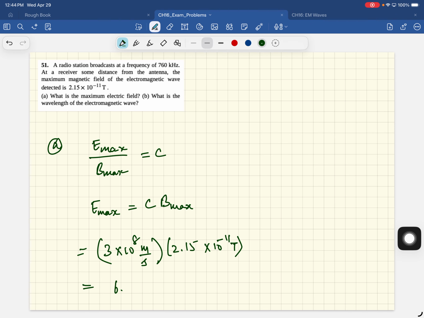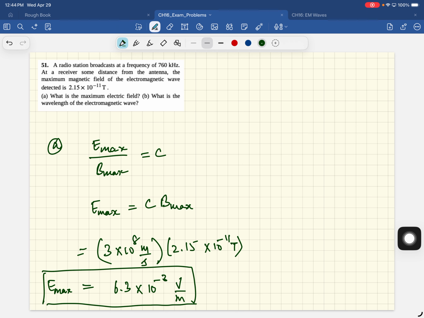And so 6.3 times 10 to the minus 3, and electric field is in volts per meter. So that's the amplitude of the electric field. Yes, c is a constant. c is the speed of light.